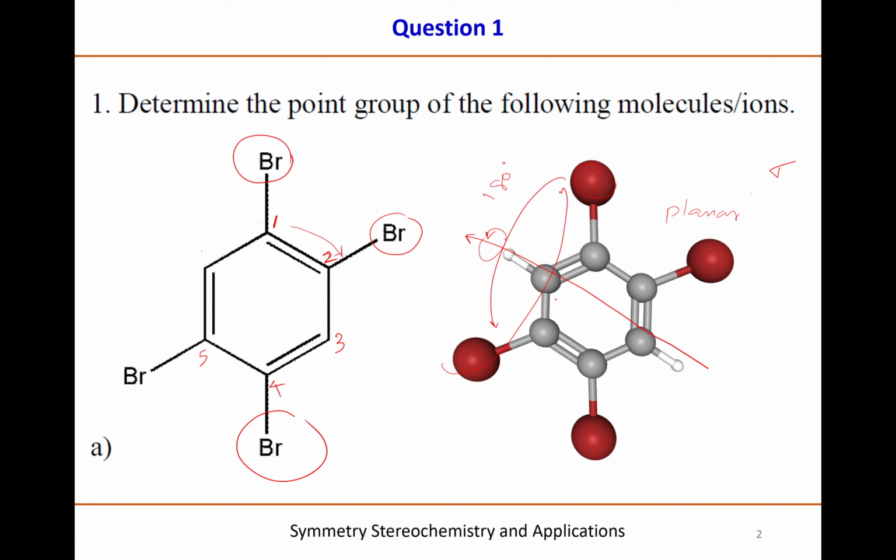So this is also an indistinguishable structure. So here a symmetry element is also present, which is C2 symmetry. C2, right? Are you agree with me?